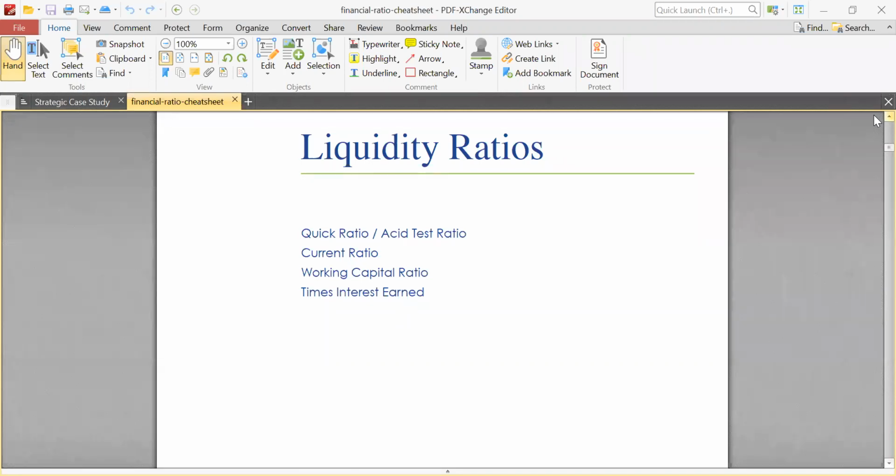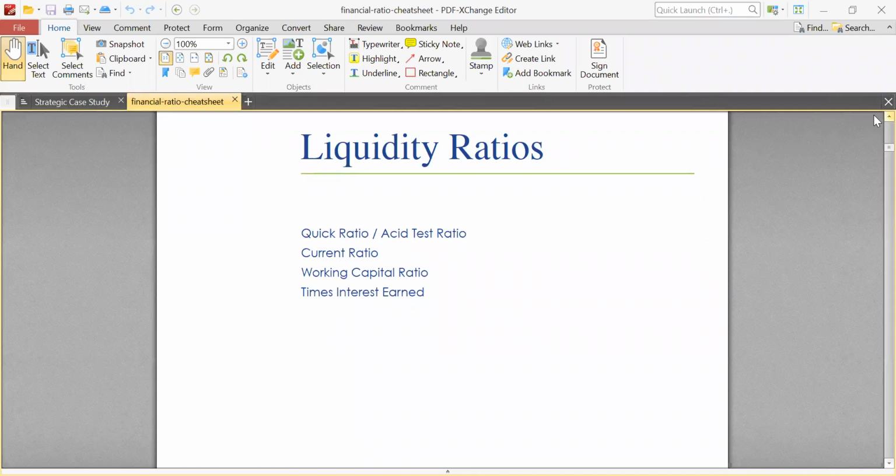Do they have a lot of access to cash, or are they hard pressed for cash? Very, very important and key. You need to know how much cash a business has because it helps to check if the business will be able to pay back any unforeseen or even foreseen liabilities.